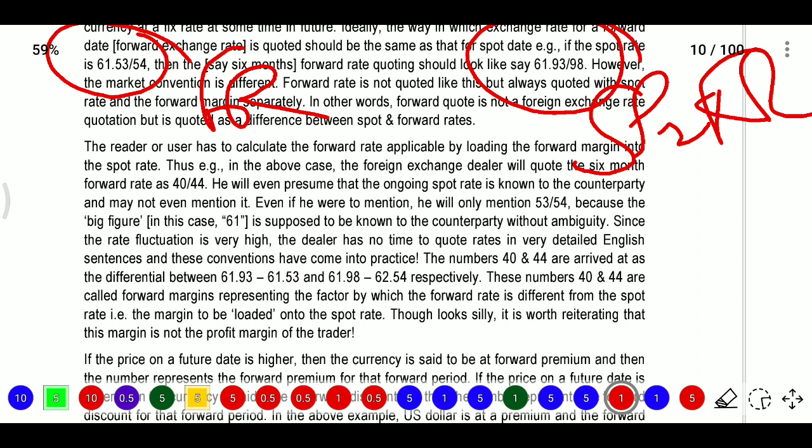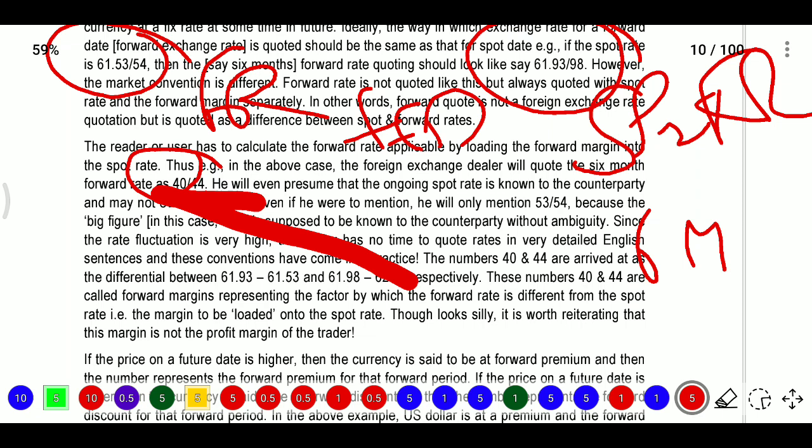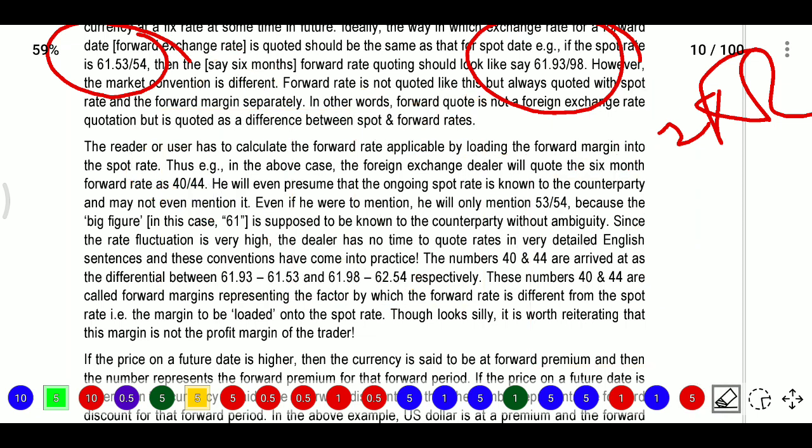So for example, if your foreign exchange dealers are there, they are quoting a 6 months forward rate. How much? 40/44 or 40 cross 44. So he will presume that the ongoing spot rate is known to the counterparty and may not even mention it.